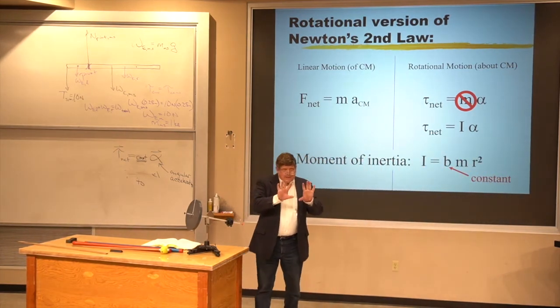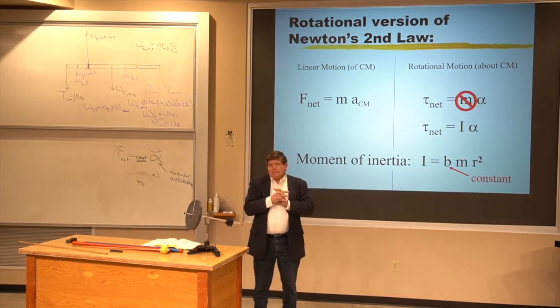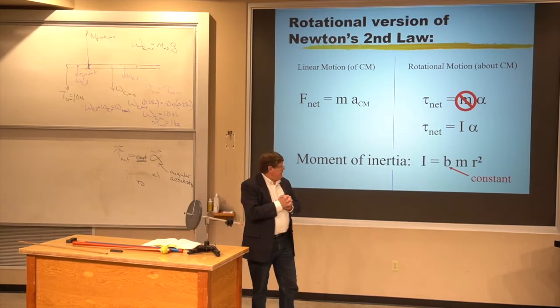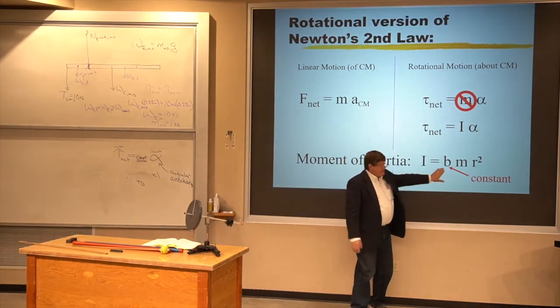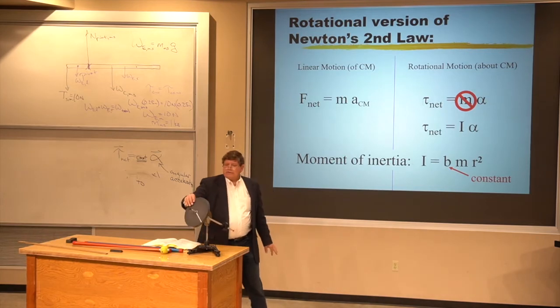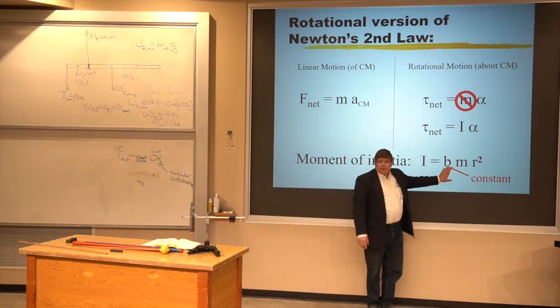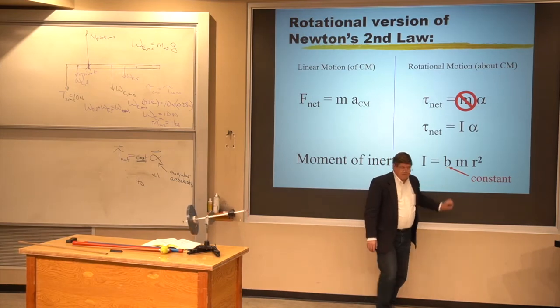And it kind of tells where the average location of the mass is in that object. For example, in a disk that's rotating about its center, like this, that constant B would be 1/2.